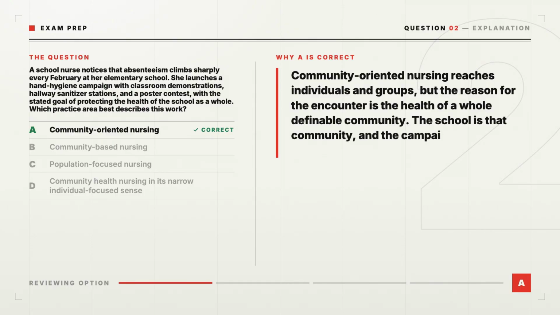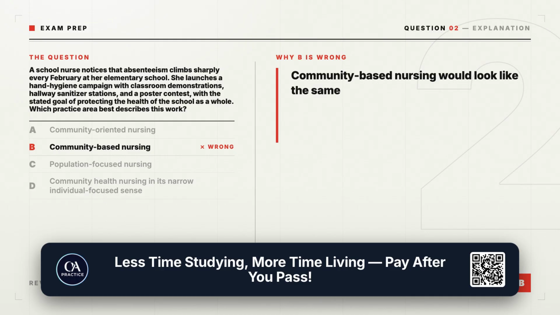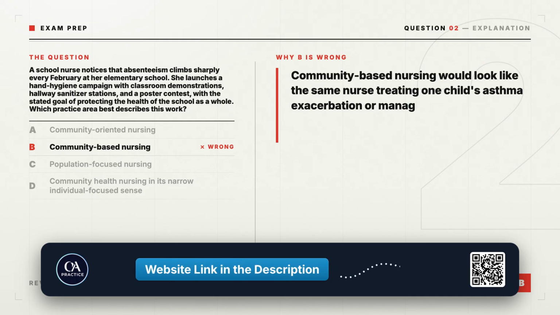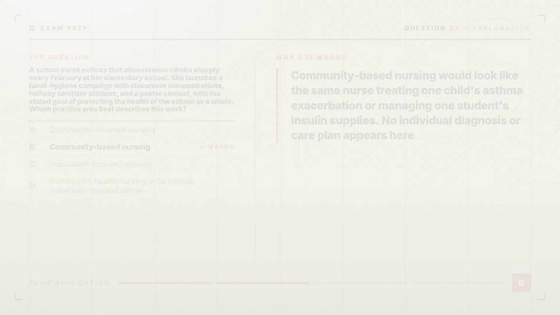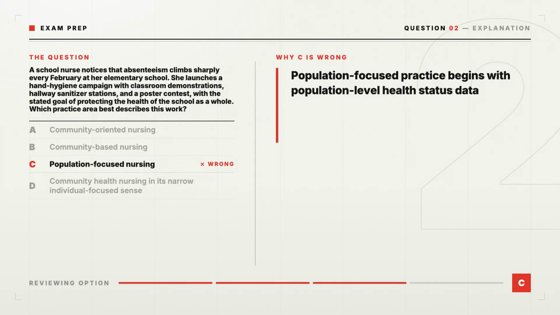B is wrong because community-based nursing would look like the same nurse treating one child's asthma exacerbation or managing one student's insulin supplies. No individual diagnosis or care plan appears here. C is wrong because population-focused practice begins with population-level health status data and addresses the broad determinants of health across an entire population.